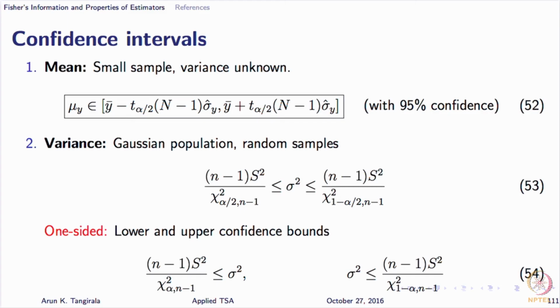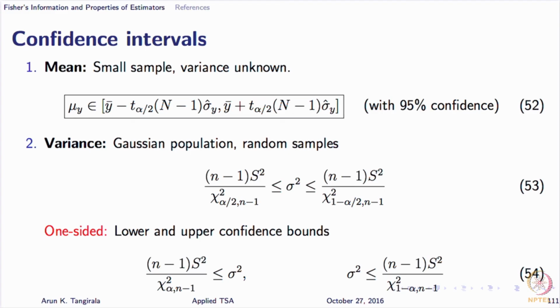One can also construct what are known as one sided confidence regions. That is, you can ask, and this may be required in hypothesis testing, where you give a lower bound or an upper bound depending on what you are interested in. In equation 53 I have given the confidence region for the variance. If you use the unbiased estimator of the variance, you have to be careful here.